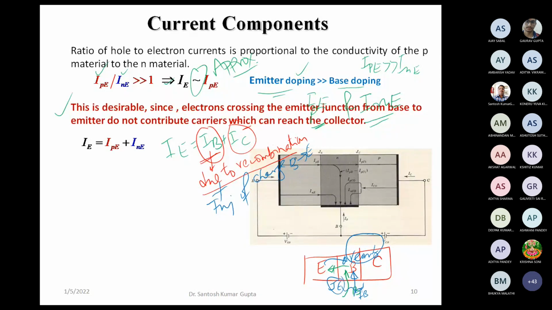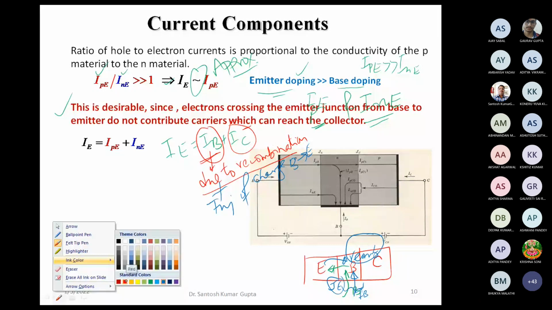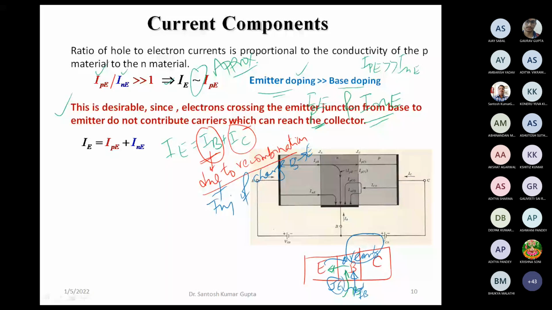The IPE current and INE current components together form the emitter current. The holes injected from the emitter into the base form the IPE current.